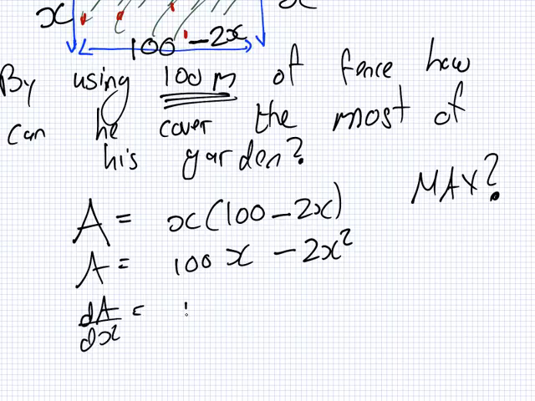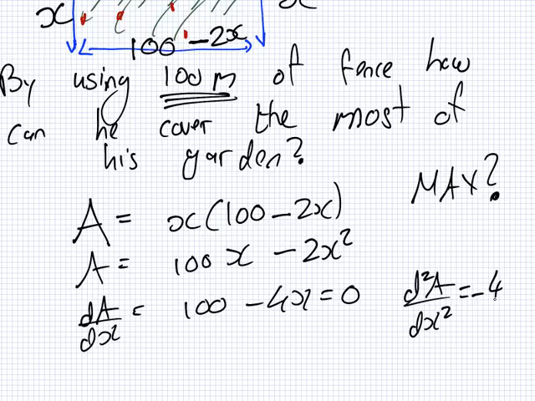Make the derivative equal to 0. Let's confirm it's a maximum. What's the second derivative here? Minus 4. Negative makes concave or convex? Concave, which makes it a maximum, so that's good. What's the x here? 25.